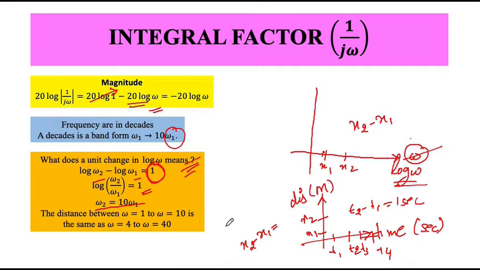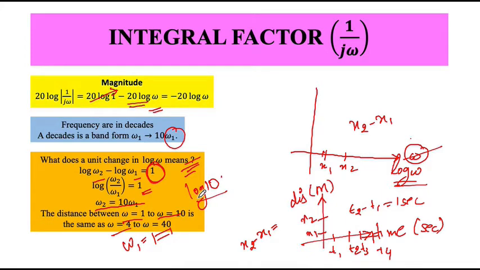So omega equals 1 to omega equals 10 is the same as omega equals 4 to omega equals 40. So you can do this, right? Log 10 10.